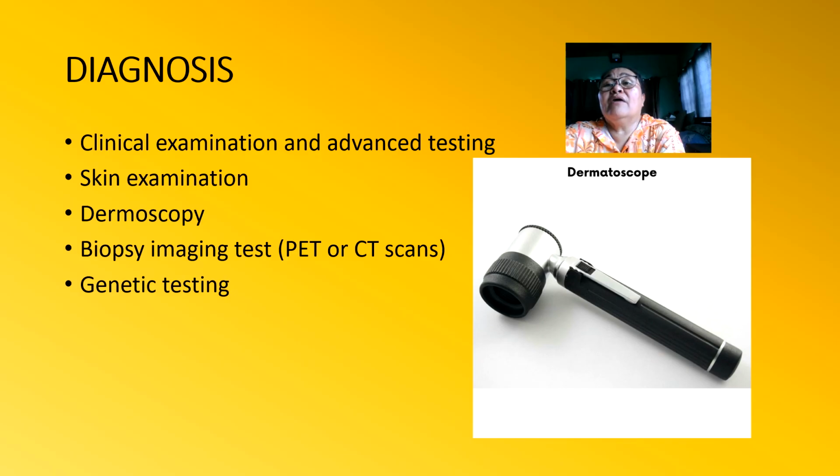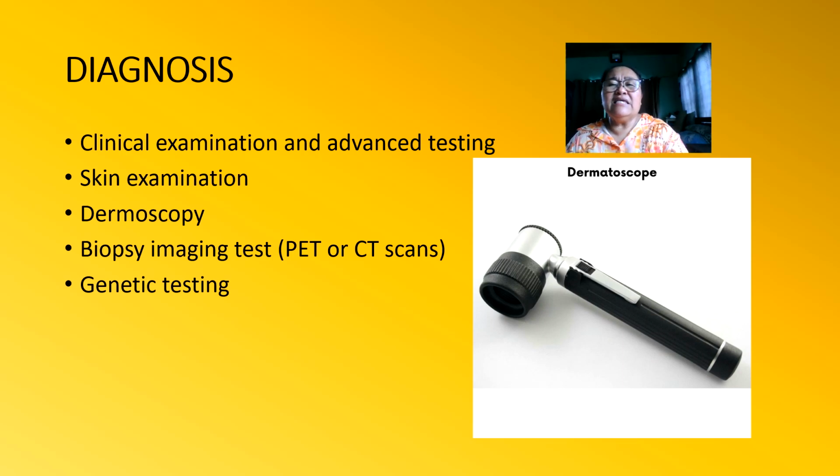So number one, we have the skin examination. The healthcare provider carefully examines the skin for suspicious moles or lesions, paying attention to changes in size, shape, color, or border.